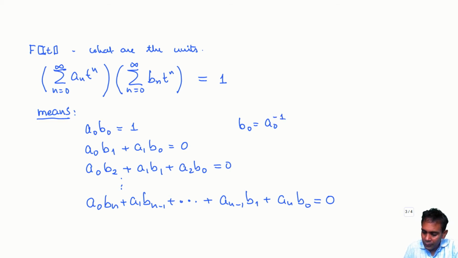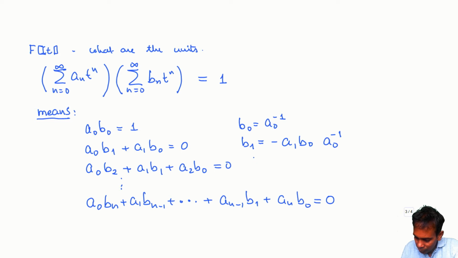Okay, now suppose we've solved for b0, then we can solve for b1 using the next equation. What we get is b1 is equal to minus a1 b0 times a0 inverse. And we've already solved for b0, which is a0 inverse.